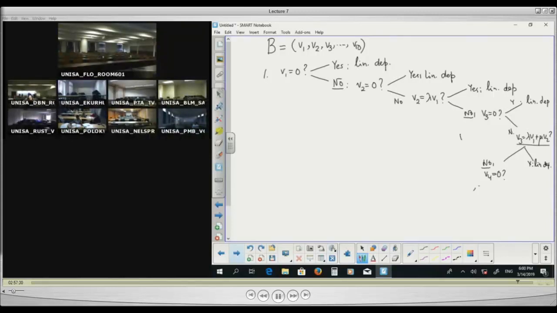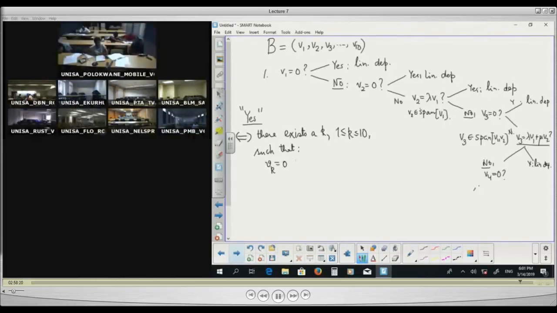We have the answer yes only in the case that there exists a k such that either Vk is equal to 0 or Vk is in the linear span of the previous ones, okay?